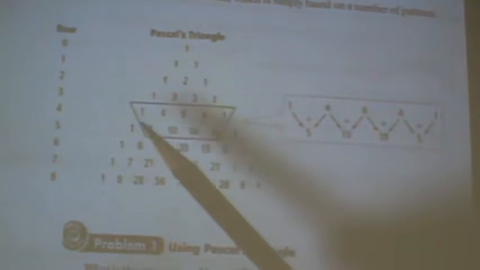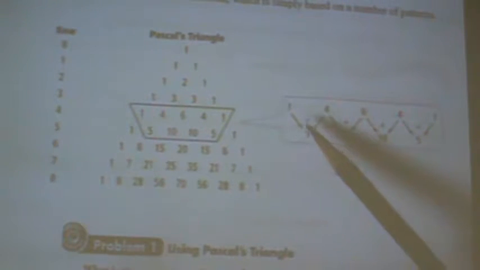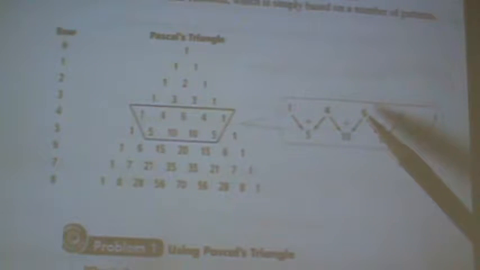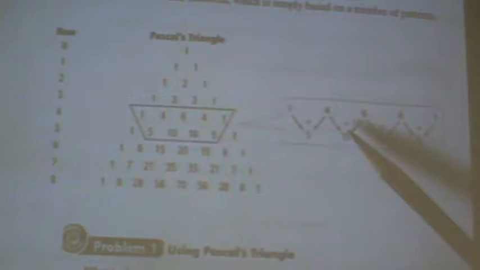So for row 4, to get row 5, we take the 1 plus the 4, and you get 5. You take the 4 plus the 6, and you get 10. 6 plus 4 is 10, and 4 plus 1 is 5.